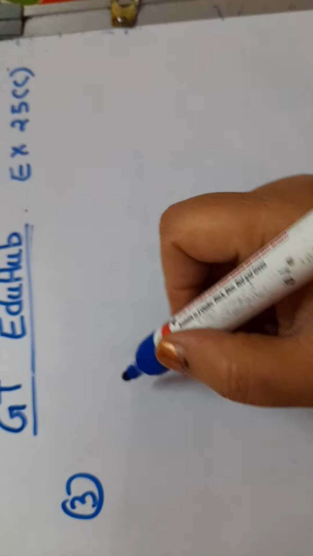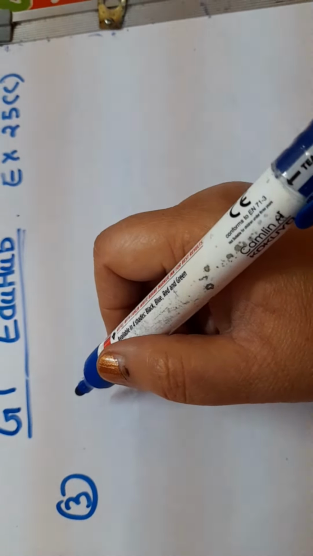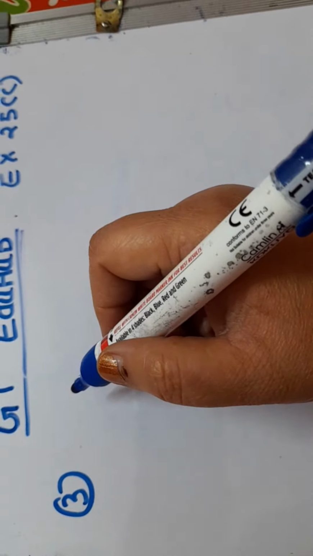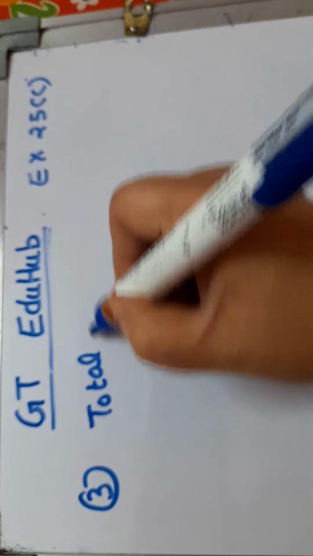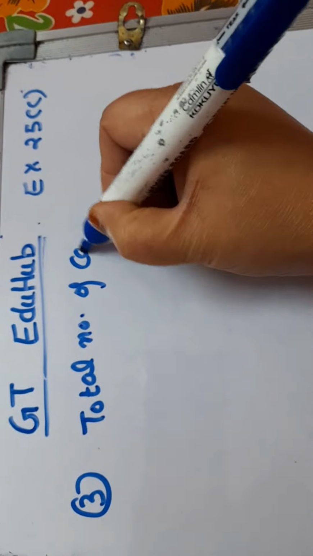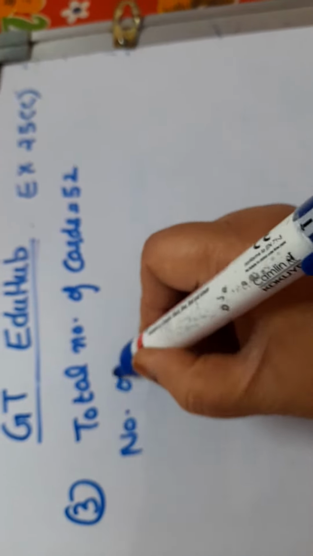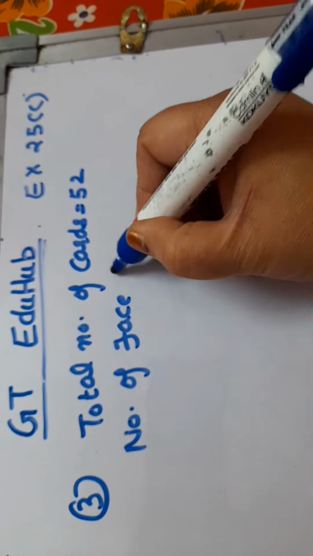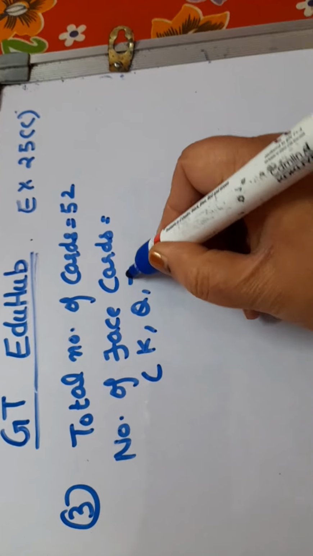Now we will do question number 3. From a well shuffled deck of 52 cards, one card is drawn. Find the probability that the card drawn is a face card. So total number of cards 52 and number of face cards. When we talk about face cards, it means king, queen and jack.